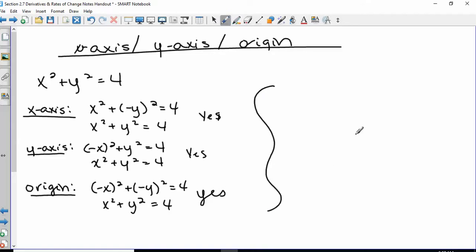If you preferred to do this by a graph, in order to put it in the calculator, it has to be y equals, so we would have to solve for y here. That means we would need to subtract over the x squared. How do you get rid of a square on your y? And when you do that, you have to do plus and minus.